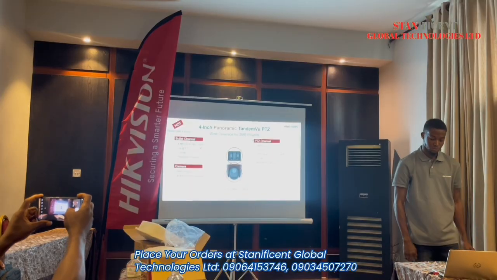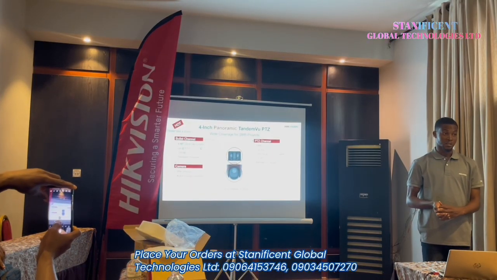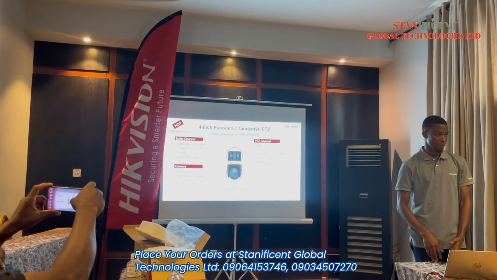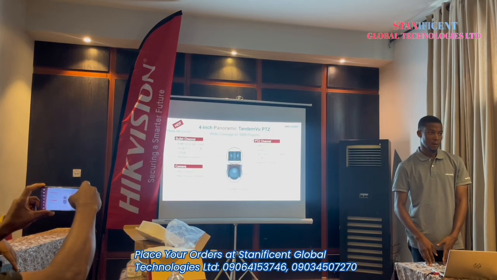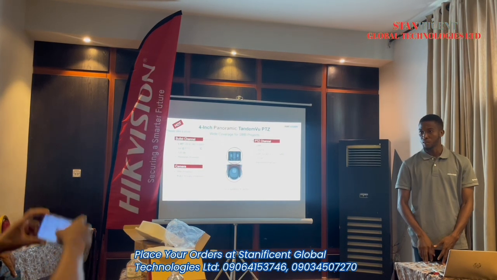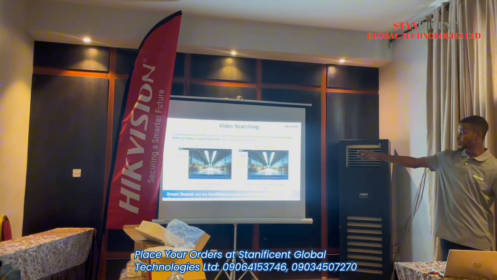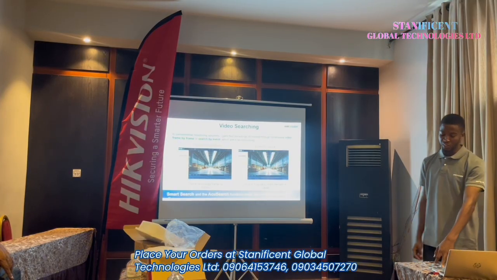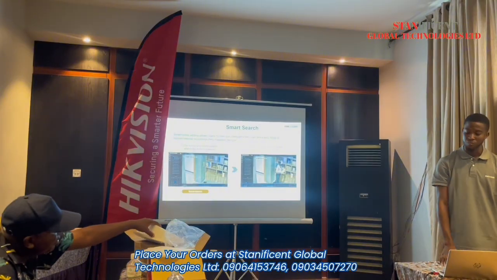In view of no question, we all know the way we get our playbacks or event management. We watch our playback, then from watching our playback to smart search, then from smart search to IQ search. So for video searching, we have to sit down and watch our recording for probably hours before we can get the event we are looking for. Then we now move to the smart search.